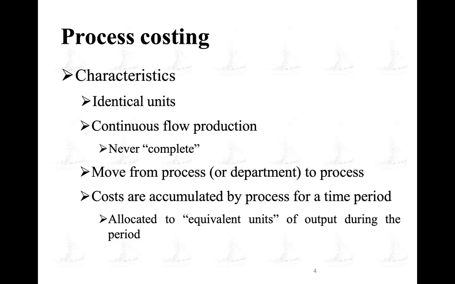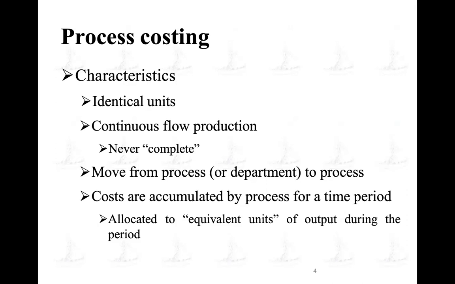Once department A finishes their process, they will send their finished output, but that is work in process. They will send their finished output to department B, which is process 2.